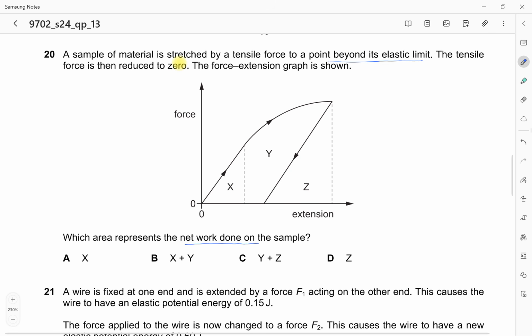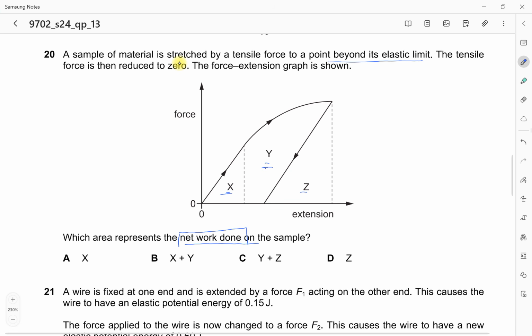Of course, when I add x plus y plus z, it means total area in loading, or total work done in loading. When I look at z, z is the work which is returned. So it means the work which is not returned is going to be the net work done on the sample, which is going to be x plus y.